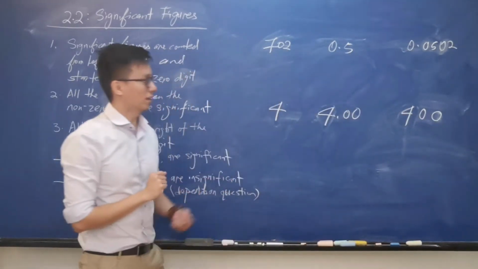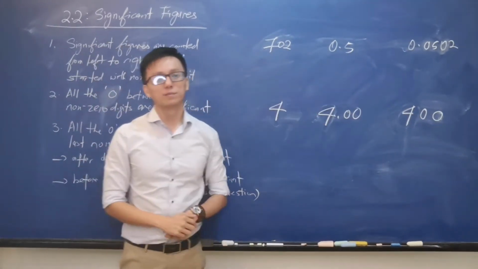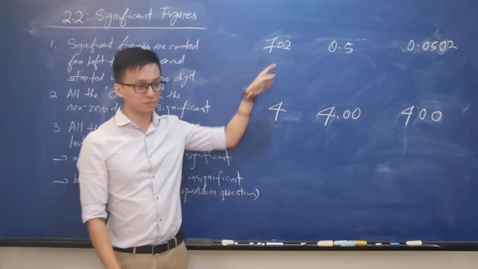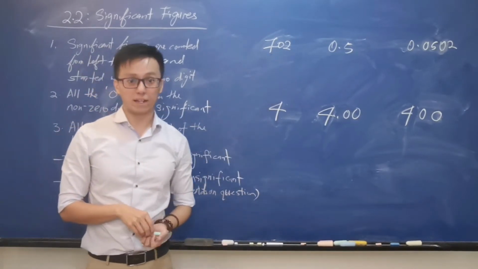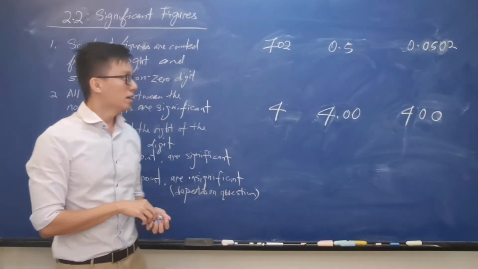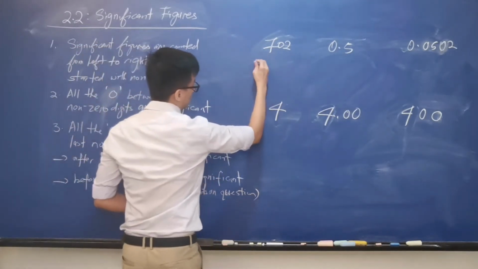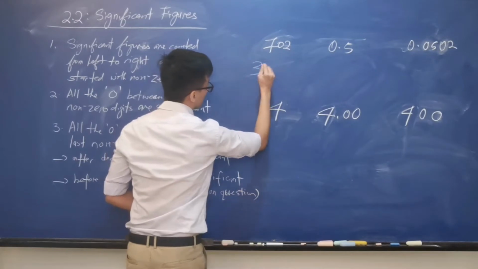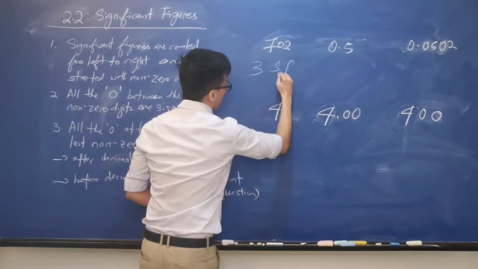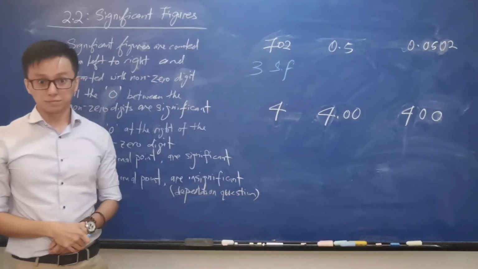Okay, look at the 6 numbers here. The first one, 702. We can say this is 3 significant figures.